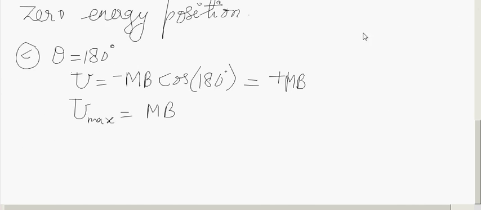Now when the bar magnet is placed with its dipole moment making an angle 180 degrees with the direction of the magnetic field, m and B are antiparallel to each other. It possesses maximum potential energy, or I can say that it is the most unstable equilibrium position.